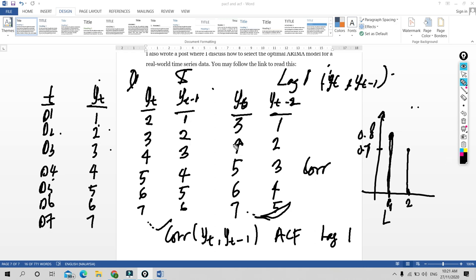These are lag 3. How much data have we lost? 1, 2, 3 data. We are losing 3 data. So these are lag 3. If we calculate the correlation here, it is the coefficient of lag 3 and so on. So this is how you calculate the correlation, or ACF, or autocorrelation, depending on the lag.